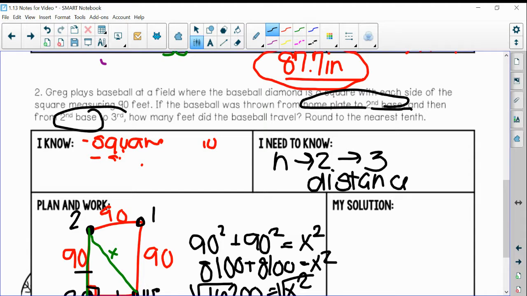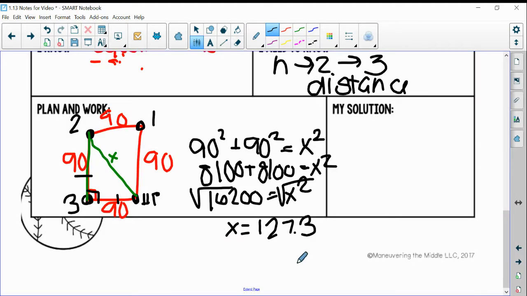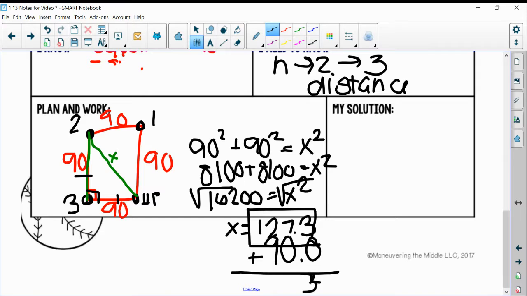So now I can go ahead and say, well, home to second is 127.3 plus second to third is 90.0. So I'm going to get 217.3 feet.